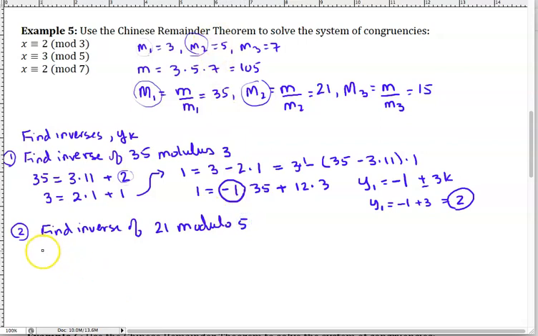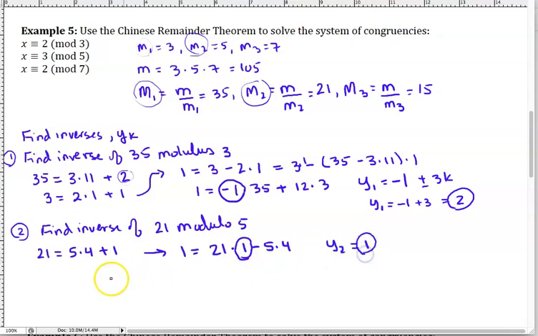Same steps. 21 is 5 times 4 plus 1. So we solve for this: 1 equals 21 times 1 minus 5 times 4. The coefficient of 21 is 1, so this is my y2. My y2 equals 1. All right, that wasn't so bad.